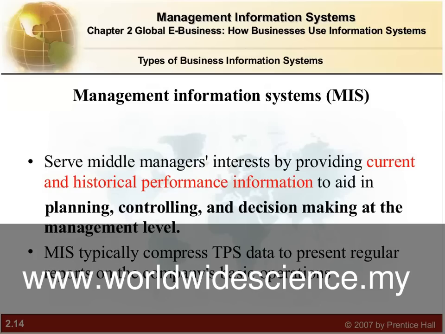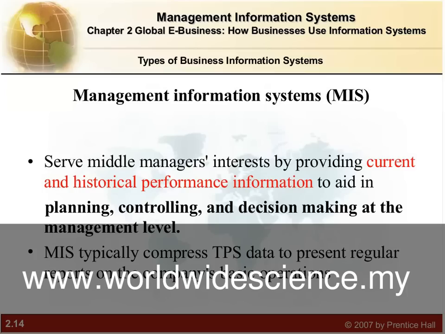I think in the next slide we have an example of a management information system, MIS, from the constituency point of view.